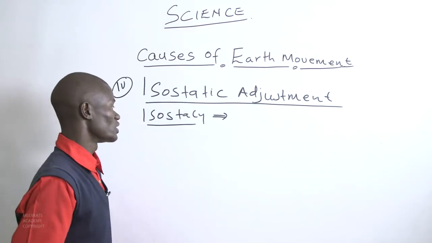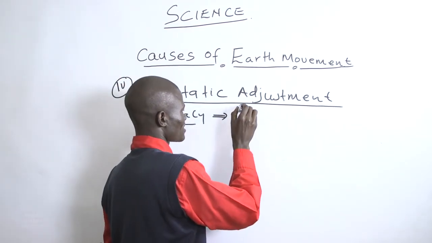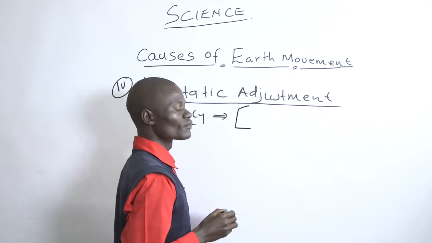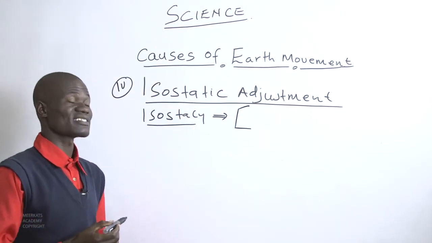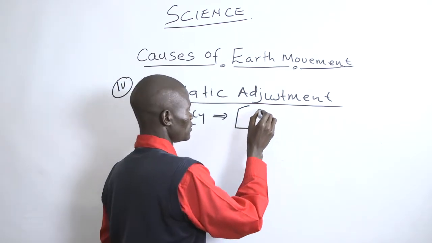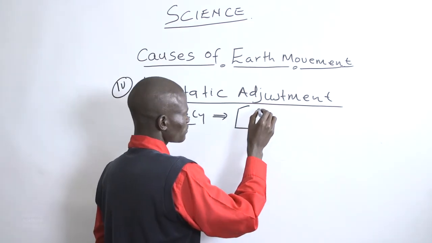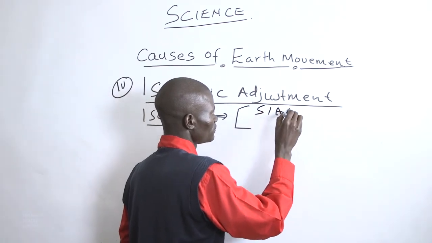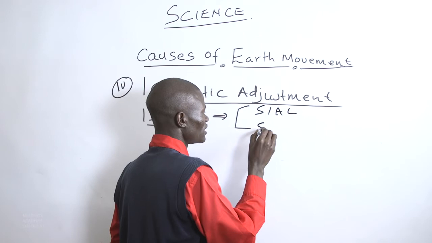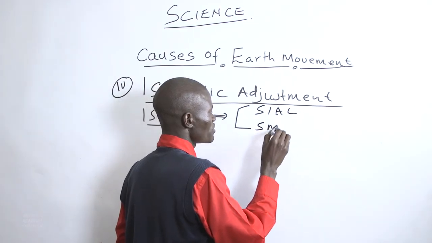There are two types of crust when we remember the structure of the earth. In the continental crust, we have the lighter one that is called Sial, and then the heavier one that is called Sima.